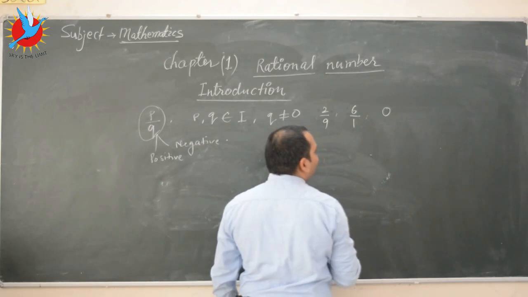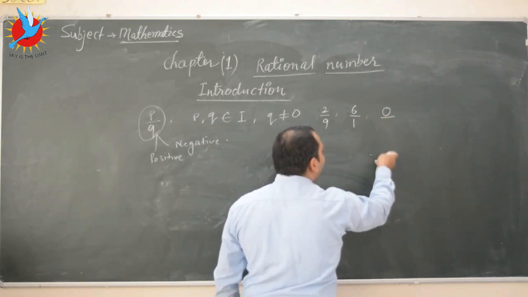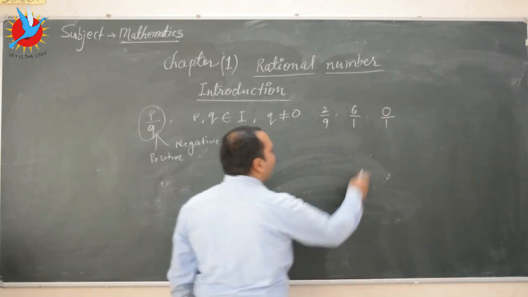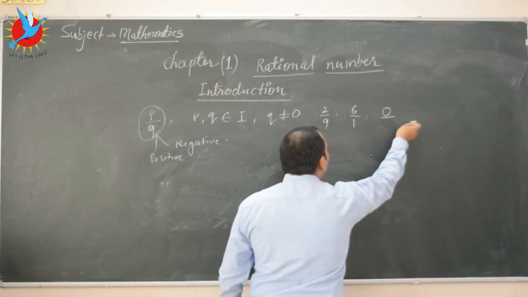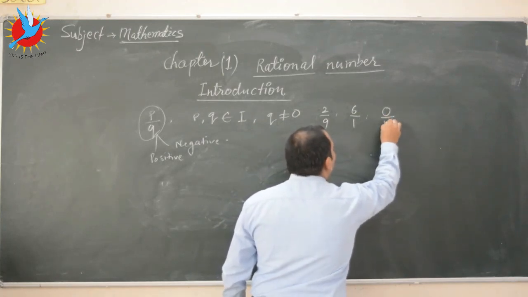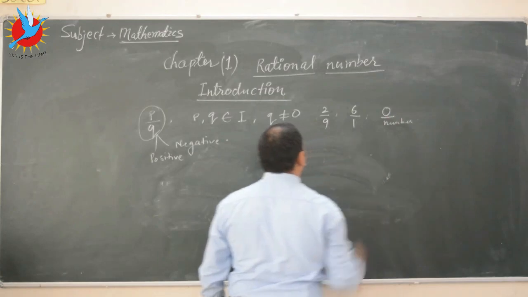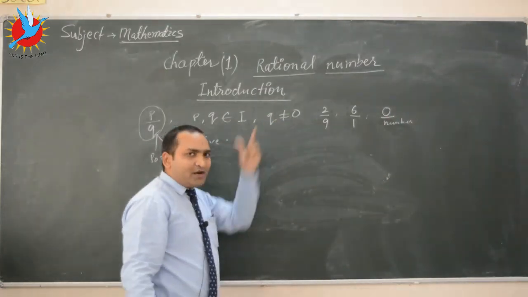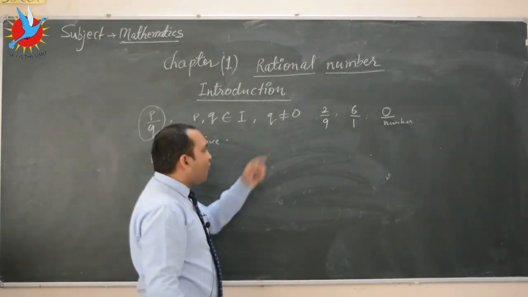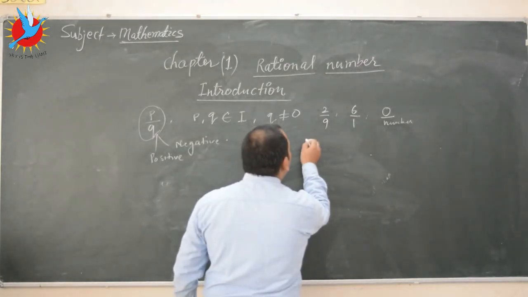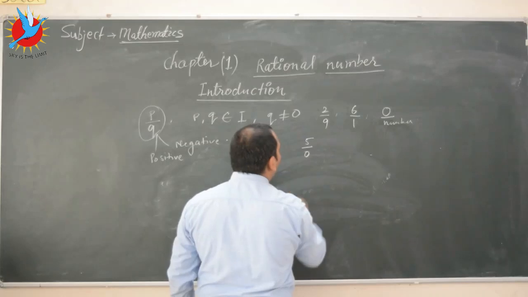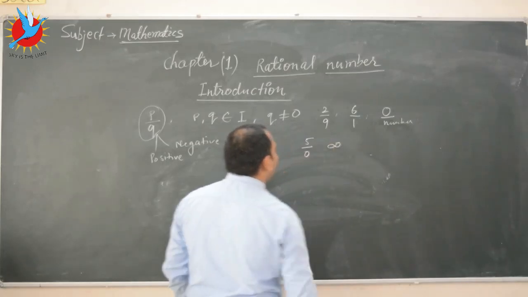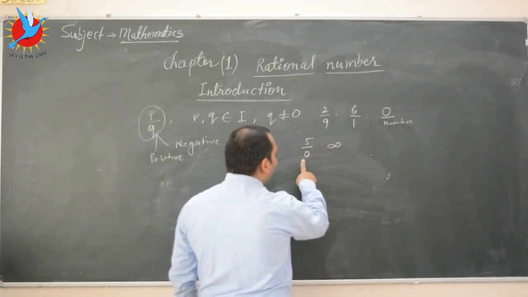0 is also a rational number because 0 can be written as 0 upon 1, or 0 upon any number, 1, 2, 3, 4, 0 upon any number. Why should the denominator not be equal to 0? Because if we write, consider, 5 upon 0, it is not defined.